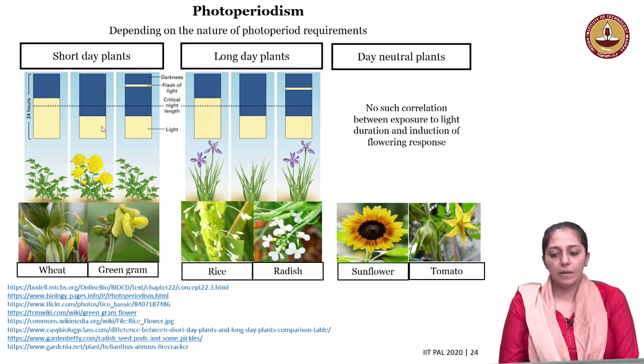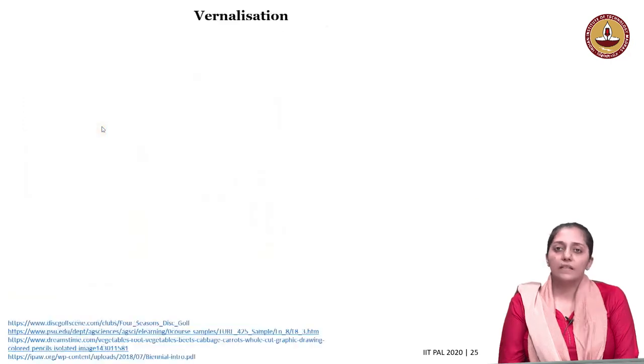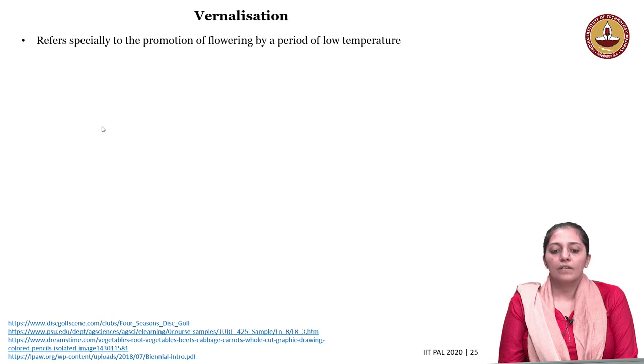These are examples. There is another new term, vernalisation, which refers to the promotion of flowering by a period of low temperature.